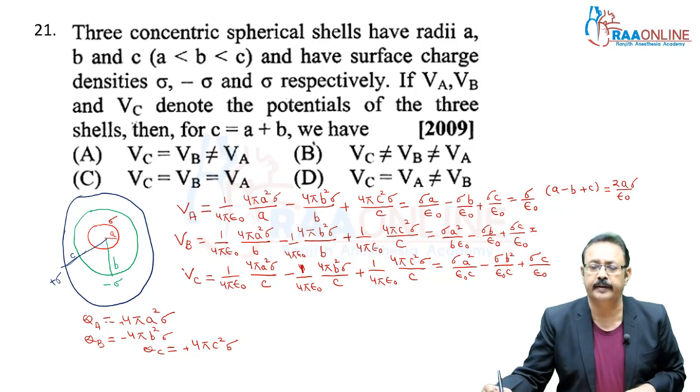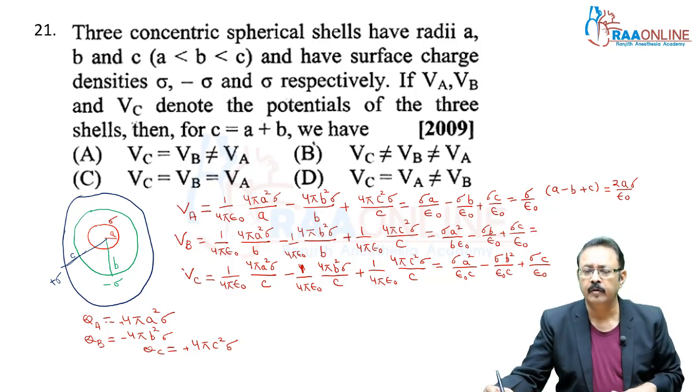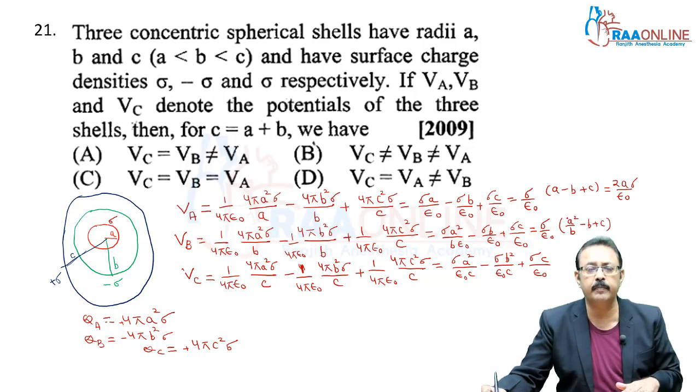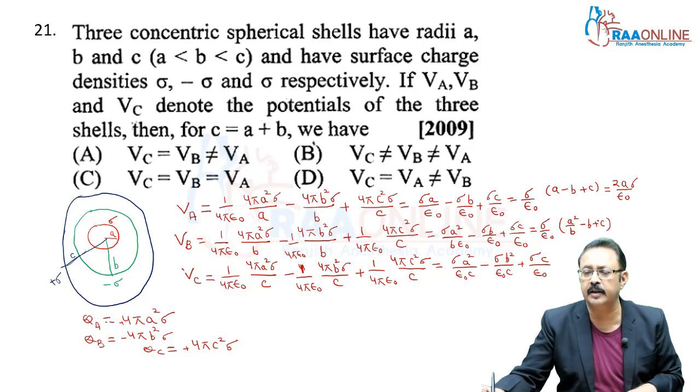What will happen here? b and b will cancel out. LCM, it is b. So if we are taking σ upon ε₀ common, we will get a² by b minus b plus c. If you write in place of c a plus b, b, b will cancel out.